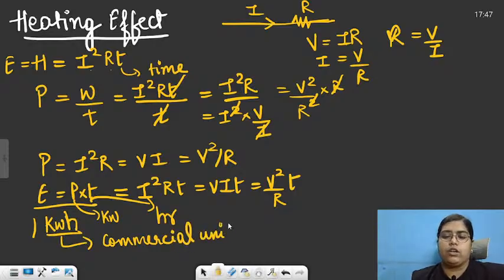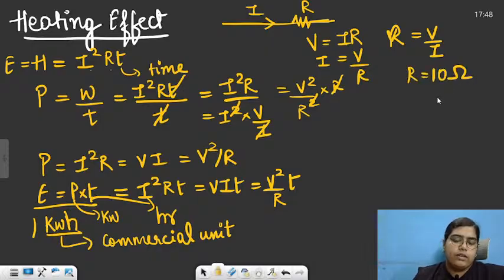In questions, you will usually be given that the cost of 1 unit of electricity is 2 rupees, 8 rupees, 10 rupees, and you have to calculate the monthly bill of a household. For example, you have a bulb, the resistance of that bulb is 10 ohm, the current required is 2 ampere, and you use this bulb for 1 hour every day.